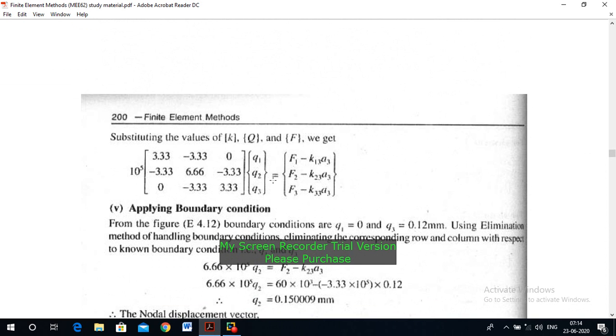Always remember, if any gap is given in the problem, for the force vector you have to subtract the stiffness force, that is K13 A3 for the first row, K23 A3 from F2 for the second row, and K33 A3 from F3 for the third row.